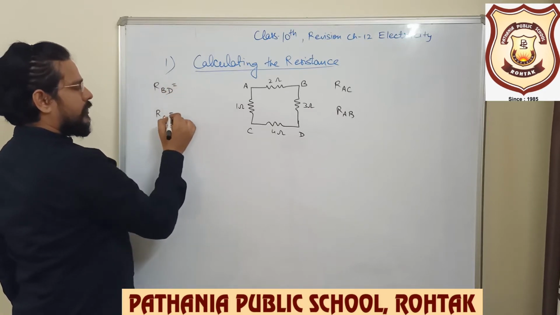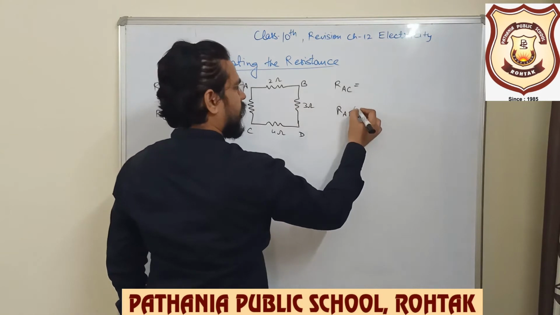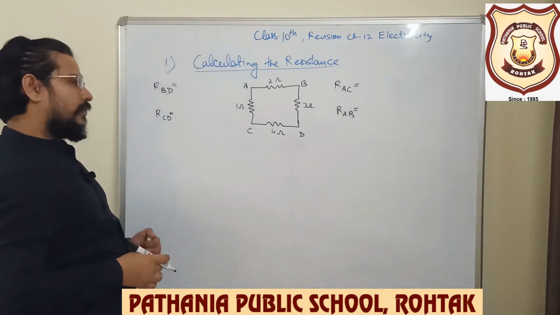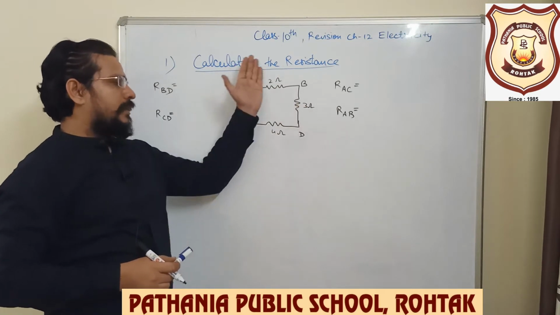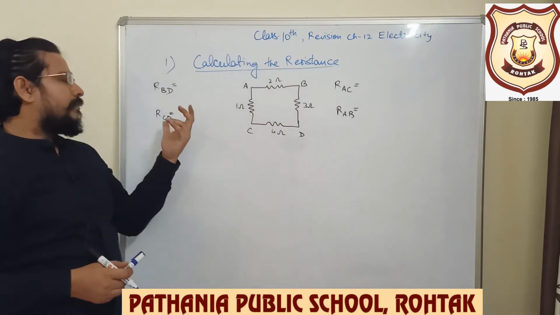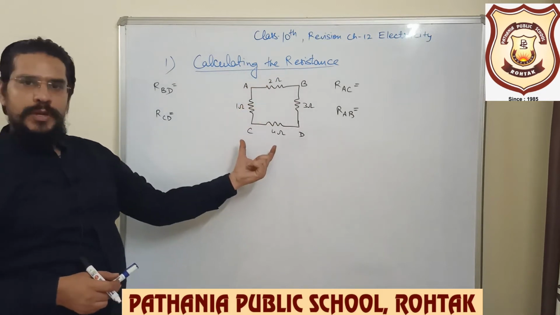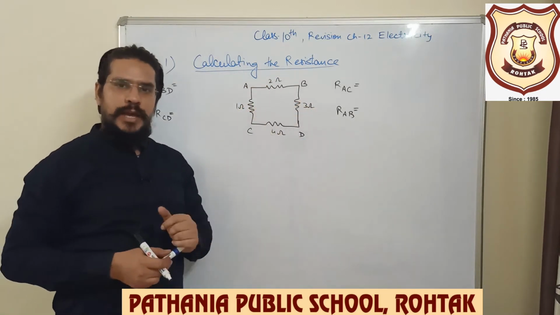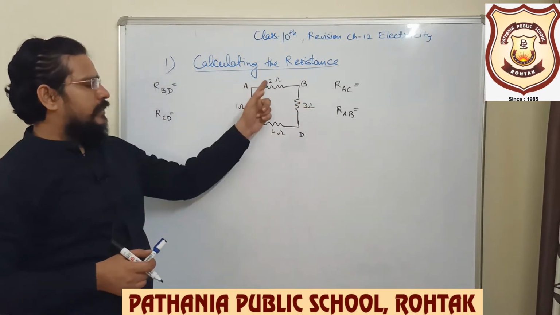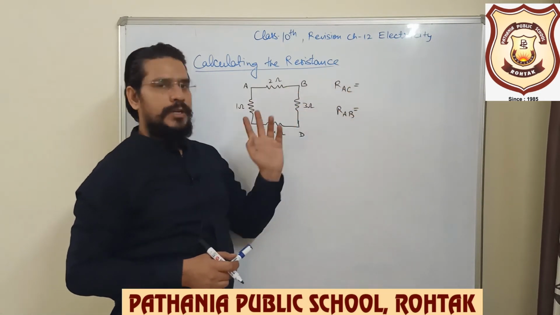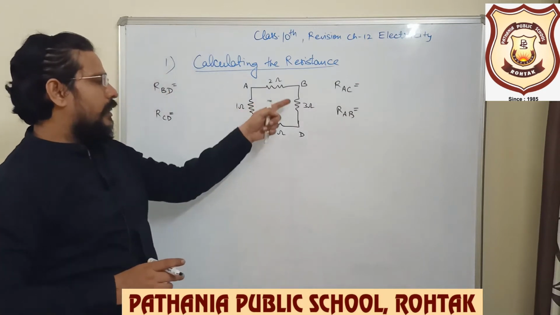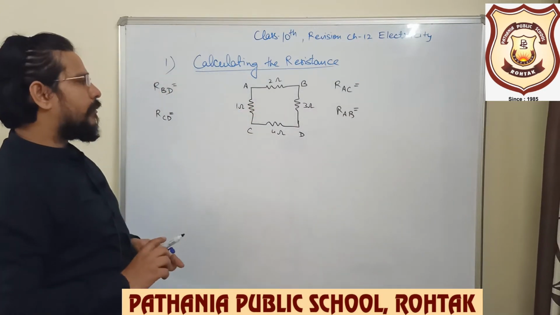So here is the important point. If all values of resistance had been the same, then it wouldn't matter which side of the square we are considering, the value of equivalent resistance would come the same. But you can see that the resistances have different values, so these values may or may not come the same depending on the individual values.